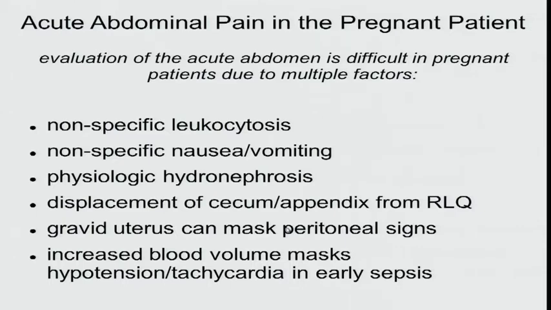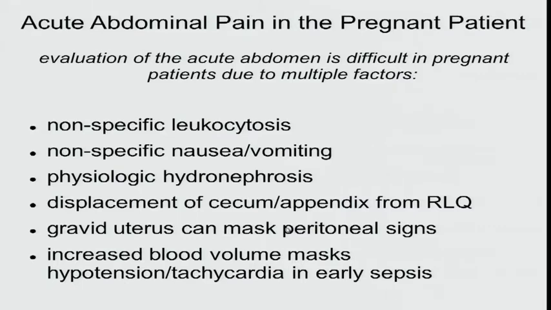The gravid uterus masks the diagnosis of peritonitis because it lifts the abdominal wall away from the intra-abdominal contents. One of the things that surgeons really use to determine if somebody needs to go to the OR is rebound tenderness, peritoneal signs, so we lose that. And increased blood volume in a young patient can mask significant sepsis until very late.